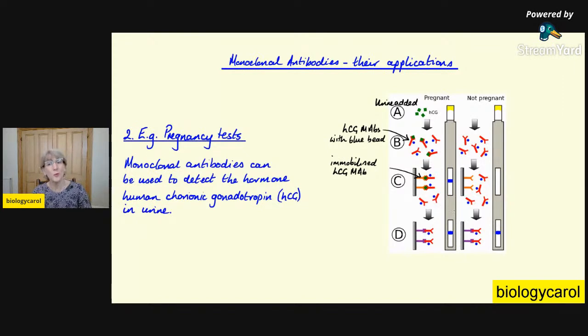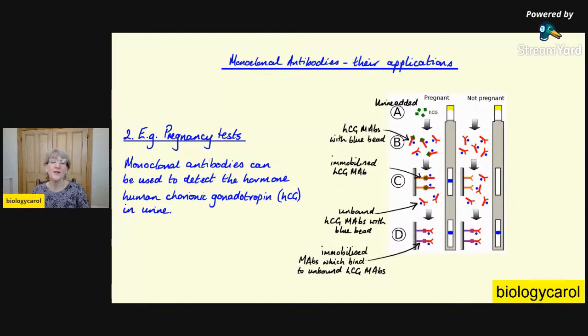But the woman has to wait until the urine passes up to this second window. Because look, there is nearly always, and even in the pregnant woman's case, there will be unbound monoclonal antibodies with the blue bead attached. Notice that in the non-pregnant woman's pregnancy test, all of the monoclonal antibodies with the blue bead attached are unbound, and they are also moving up to this part of the pregnancy test, the second window.